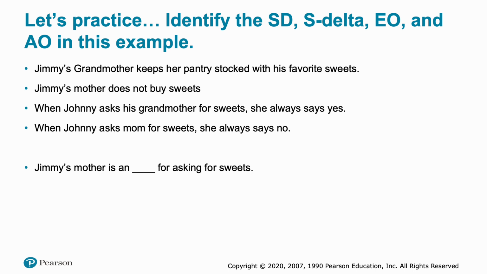Okay, so that is an extinction stimulus. It signals that reinforcement will be withheld or reinforcement will not be provided, even if he does engage in the behavior of asking for sweets. So in the presence of Jimmy's mom, he is not likely to ask her for sweets. She should become an S delta.